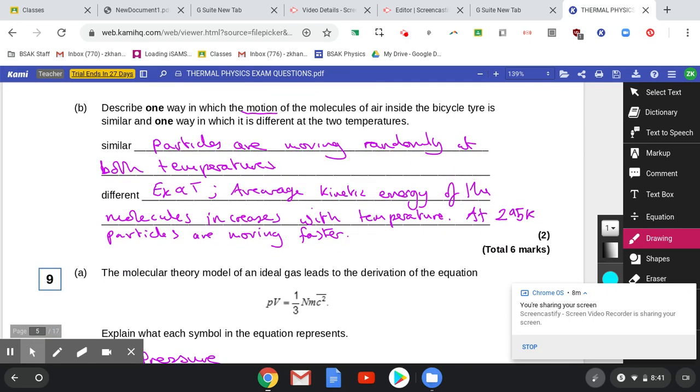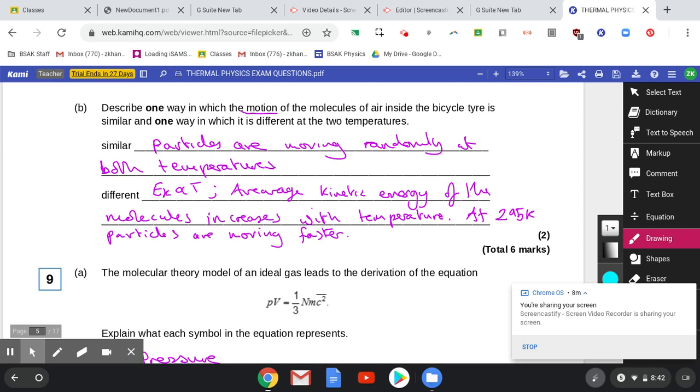Describe one way in which the motion of the molecules of air inside the bicycle tire is similar, and one way is different. Particles are moving randomly at both temperatures, even though the temperature has increased.